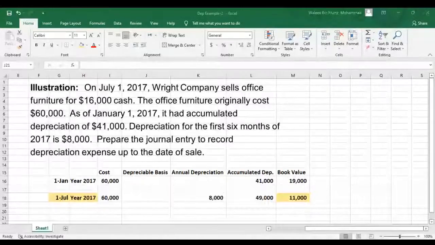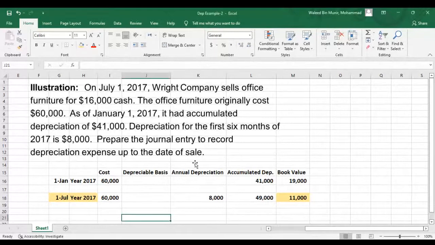Okay, I'll move back to my Excel file again. If you see here, what is the book value? 11,000. Book value of your furniture is 11,000, but how much are we selling this one for?